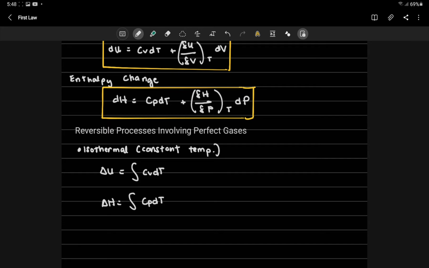Ang ibig sabihin lang niyan, delta U will just be equal to 0 because dT is 0, and delta H will also be equal to 0 because this equation is just a function of temperature, which is in this case constant. Okay, so that's how you calculate the internal energy and the enthalpy for an isothermal process involving reversible processes involving perfect gases. Delta U and delta H both 0.